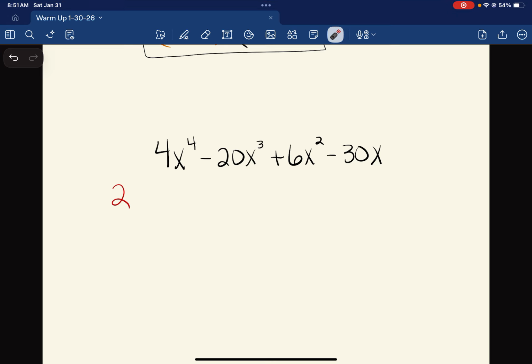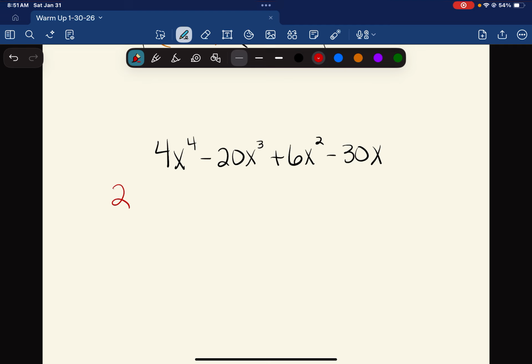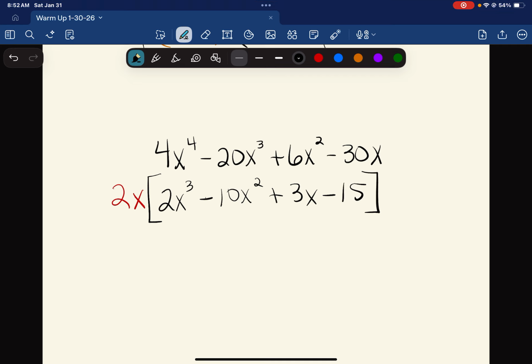That's my lowest exponent, so that's as much as I can factor out there, a 2x. All right, so what are we left with? I'm going to make this a big bracket. We're left with 2x to the third power minus 10x squared plus 3x minus 15. I'm just using brackets here. It's just a different grouping method, the same thing as parentheses.